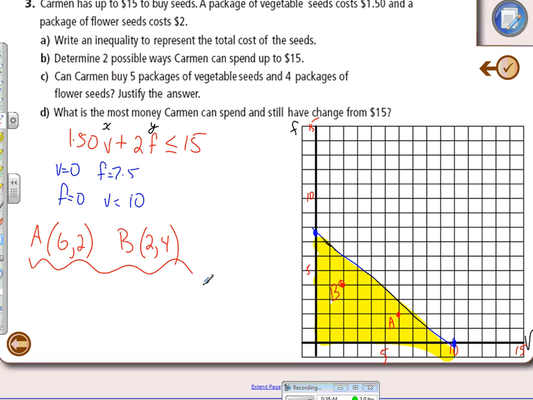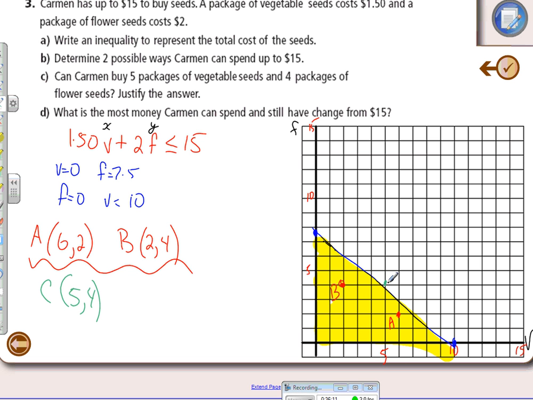Now, can Carmen buy 5 packages of vegetable seeds and 4 packages of flowers? That would mean point C, which would be 5, 4. Let's find out. This point right here is just above the line. No, we can't.